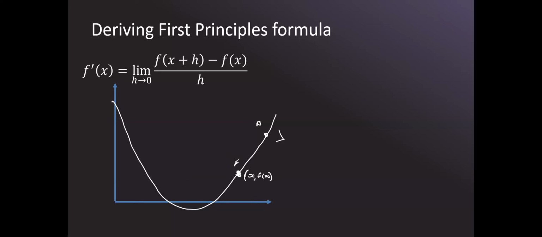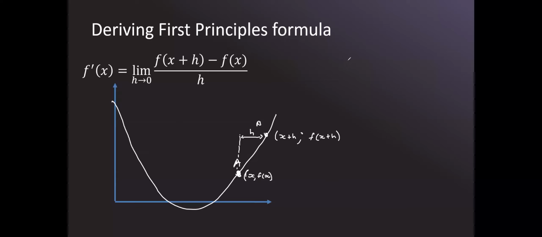Those are just the coordinates of A, nothing fancy. Now the horizontal distance between A and B, I'm going to call h. That means the coordinates of B should be x plus h, and the y value should be f of x plus h.